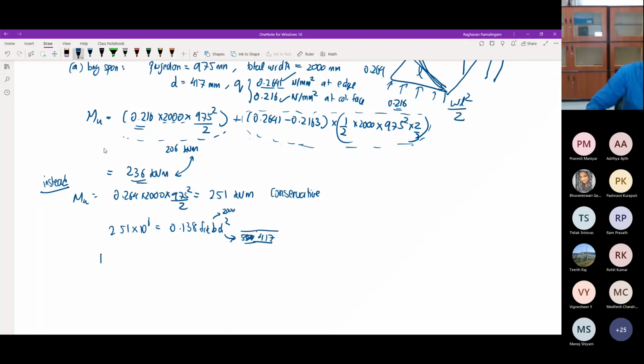Then again, you can calculate PT based on the same formula: 50 FCK by FY into 1 minus root of 1 minus 4.598 MU by FCK BD square. The same formula you can use, and for this value of MU you get 0.197%.